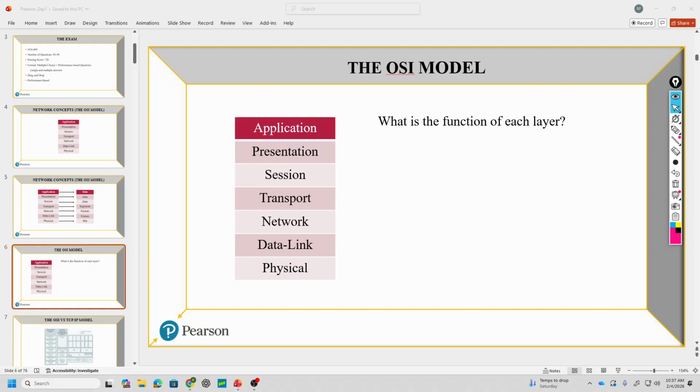So the application layer, this layer is not the actual application like Word or Excel or anything like that.